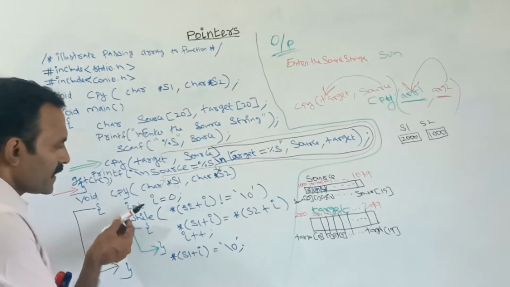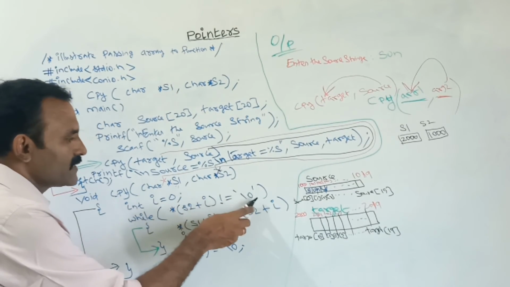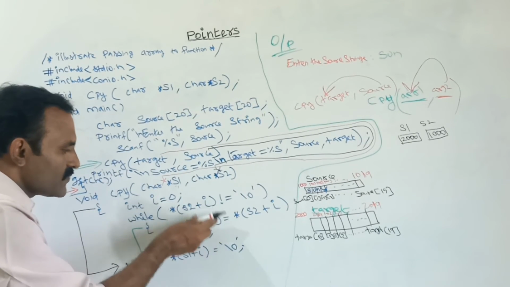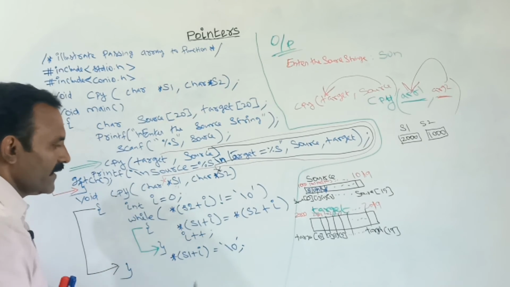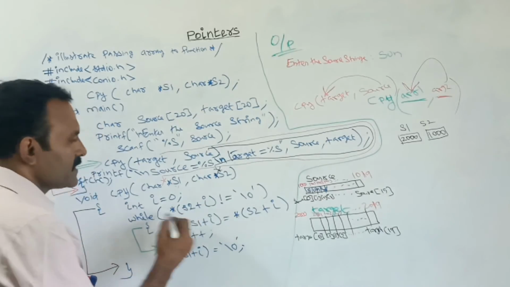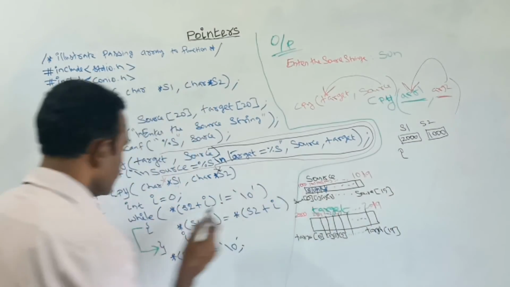Next, in the while loop it will check not equal to slash 0. If the condition is true, then it will go inside this while loop. Once the condition is false, it comes outside the while loop. Now let us see this i value for each and every iteration.